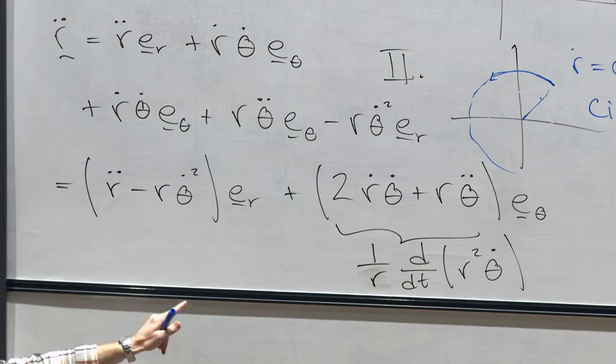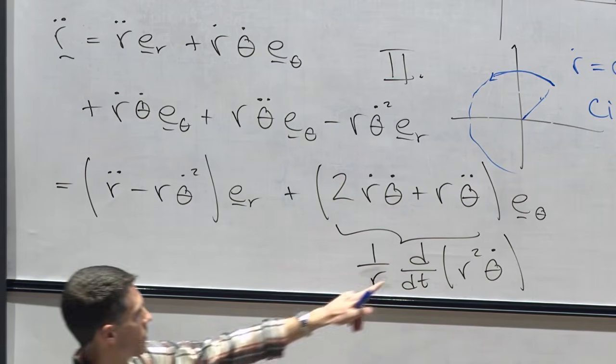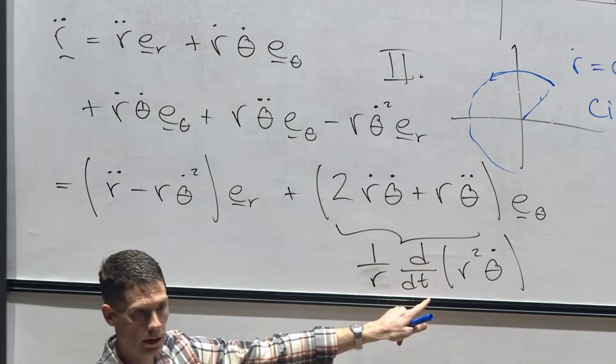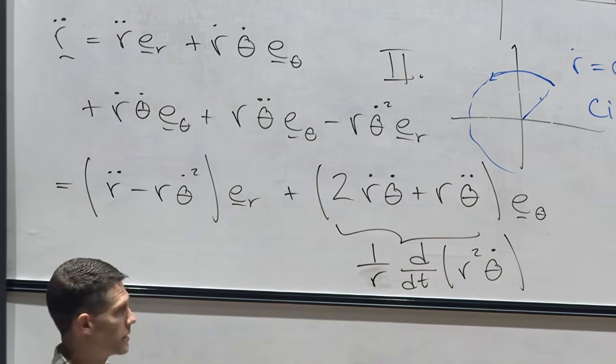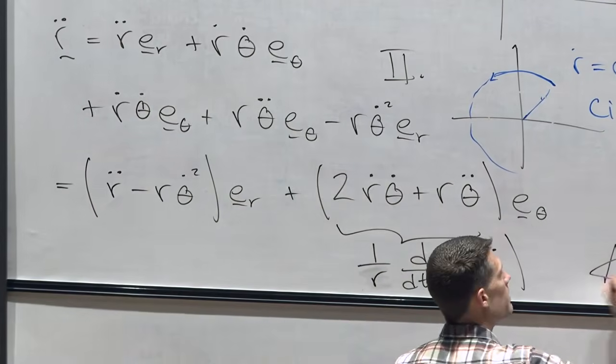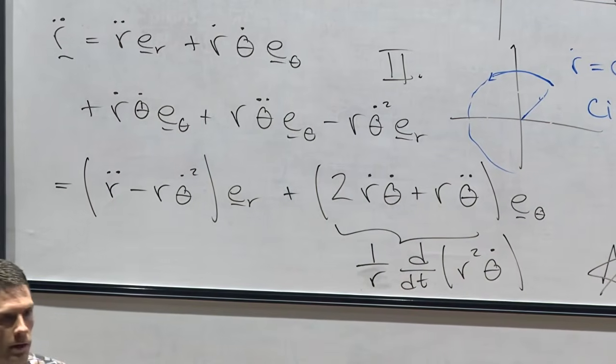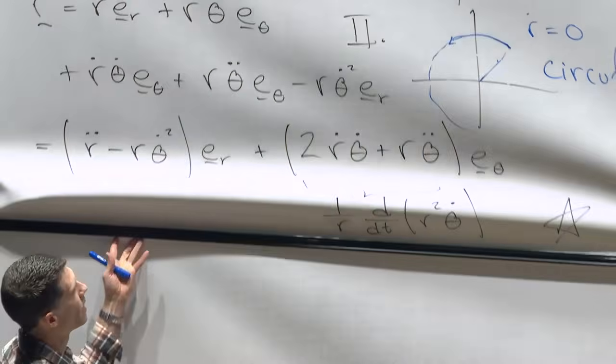That's going to end up being kind of key to much of our development, that the angular component of Newton's second law collapses to a derivative of a quantity. Okay? So put a star next to that. This is going to be a very important trick for us.